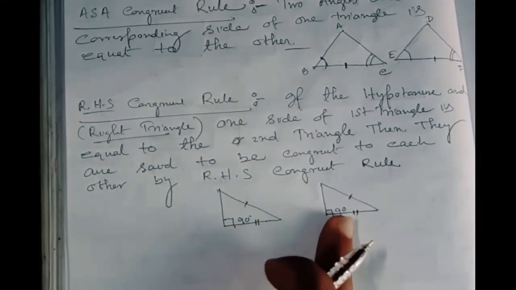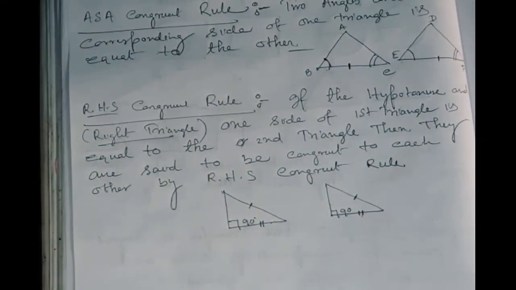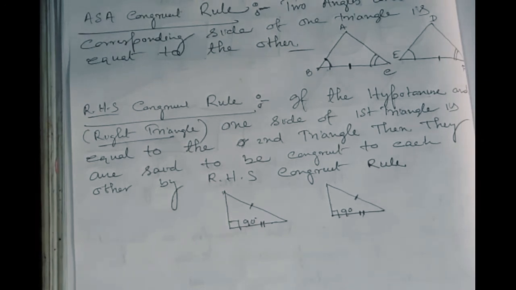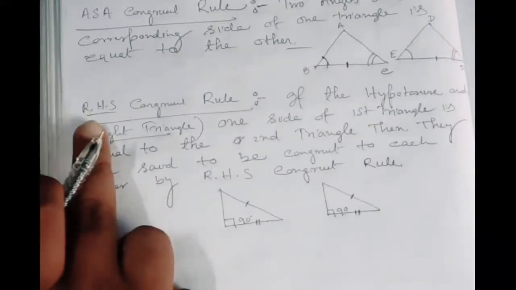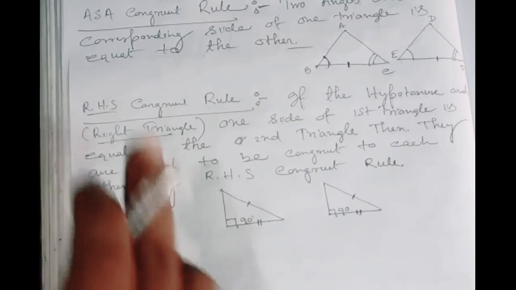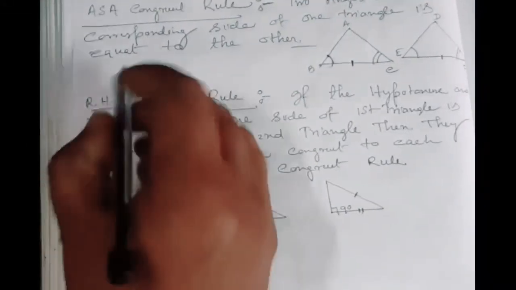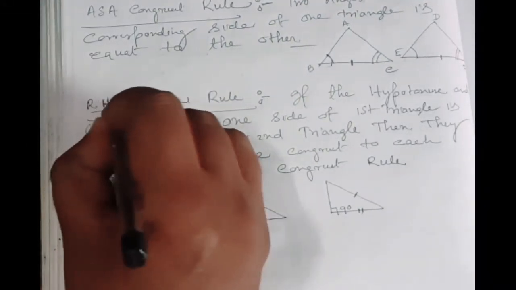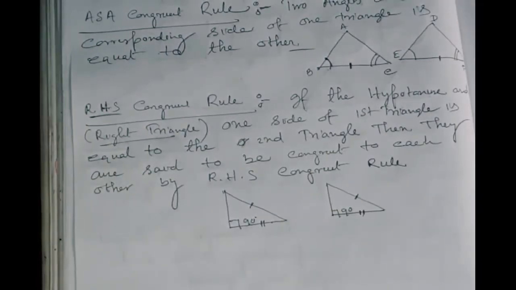Then we can say that these two triangles are congruent to each other by RHS, right angle hypotenuse side. This means the right angle hypotenuse side congruence rule, RHS congruence rule. Okay.